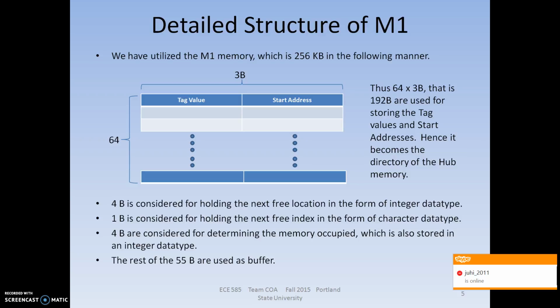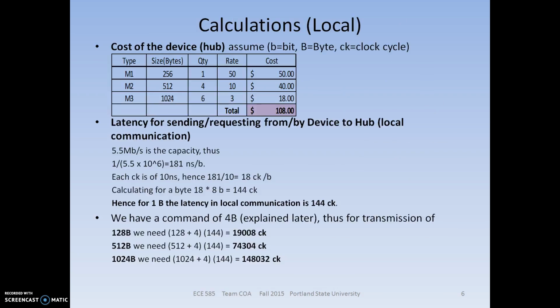The next 4 bytes are considered for holding the next free location, which would be an integer data type. Then 1 byte, which is a character data type, will be holding the next free index, while the 4 bytes in the integer data type would be determining the memory occupied. The rest 55 bytes will be used as buffer.